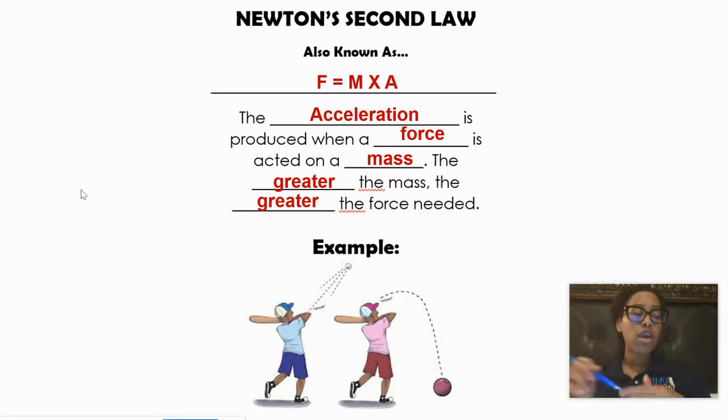Okay, so we also looked at two individuals, one small, one large, and we talked about how much force they would both need to move the two kids in the rolling chair.